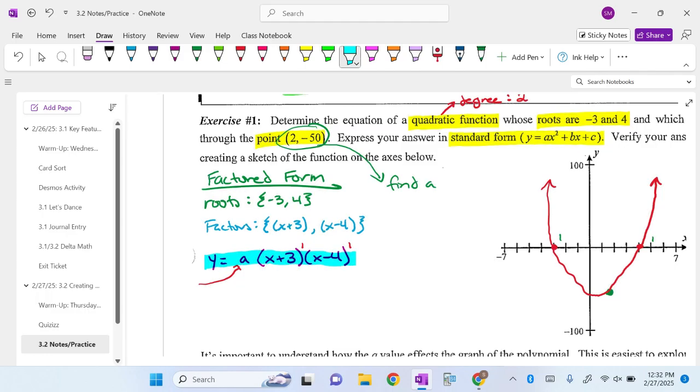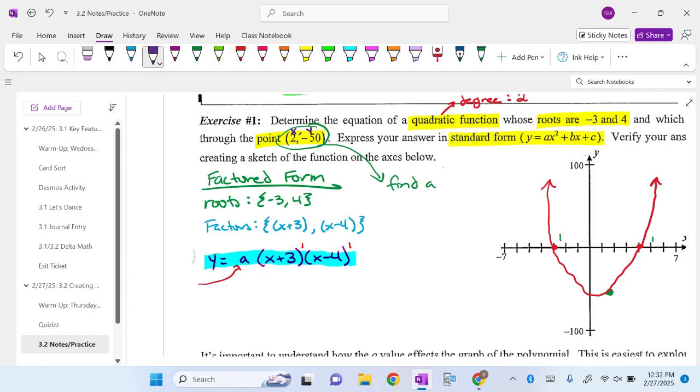How do you think I'm going to find a using that point and my current part of the function? So think about it. What's a point typically written as? How do you write a coordinate? What do you put first? Right, it's the form xy.